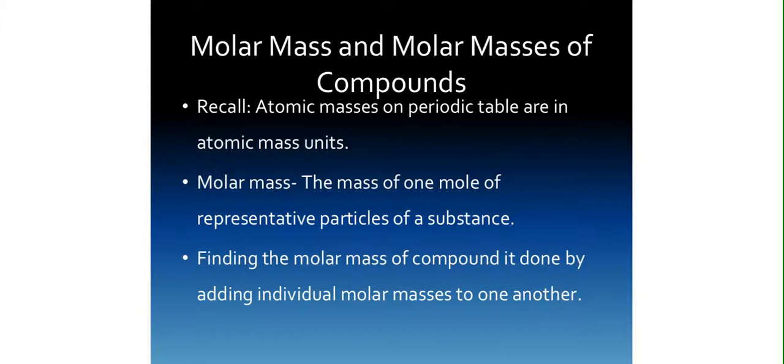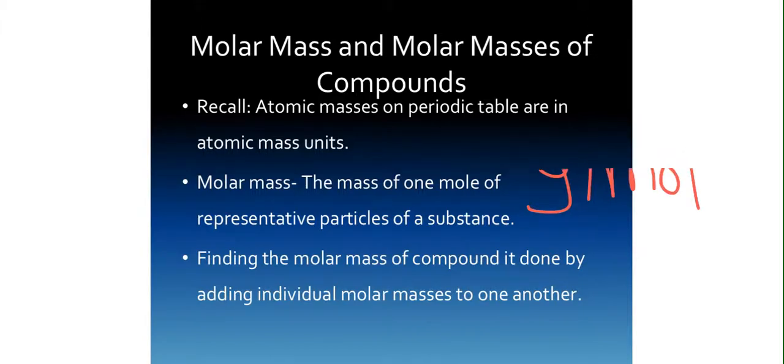The unit for our molar mass is known as grams per mole. And this is going to help with our conversion factor because we want to get to grams, so we need to cancel out the moles.